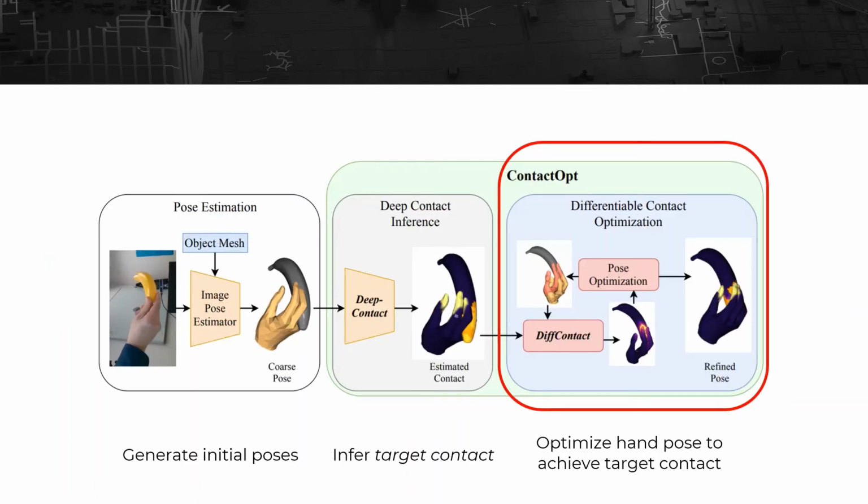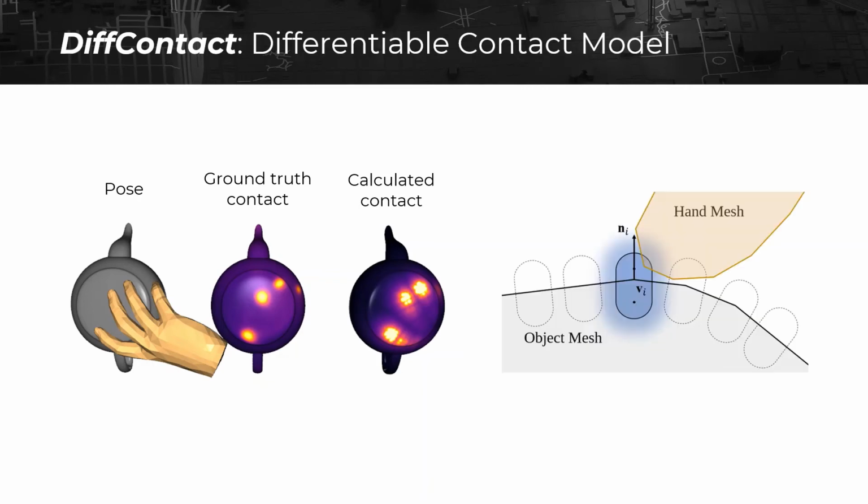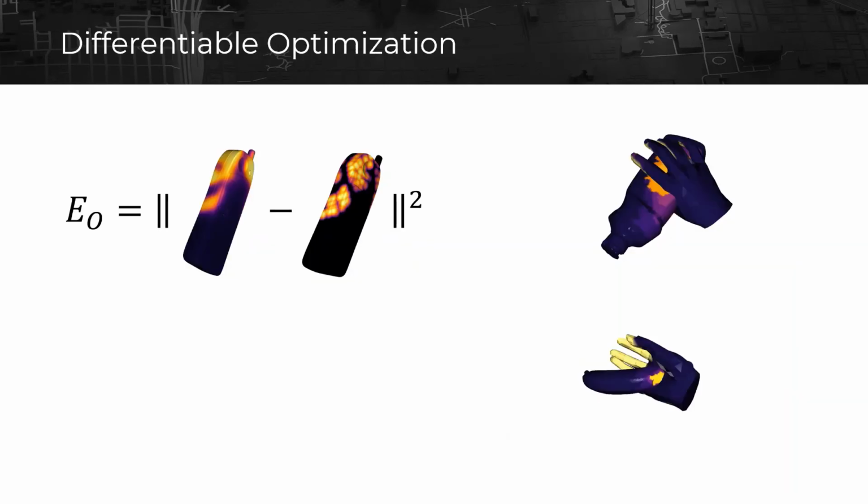After contact inference, the optimization loop adjusts the pose of the hand to achieve this target contact. We develop a method to estimate the contact maps based on the current hand and object mesh. We use a distance-based method, where nearby hand and object vertices are marked as in contact. This function is differentiable. We implement this differentiable optimization using PyTorch.